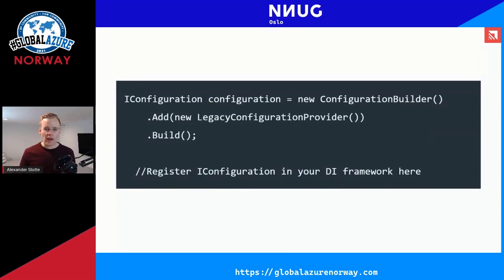And of course, here you can tag on your appsettings.json as well, which you do normally in your Core apps, and then you register that IConfiguration into your DI framework, and then you can inject it into whatever you want to do.